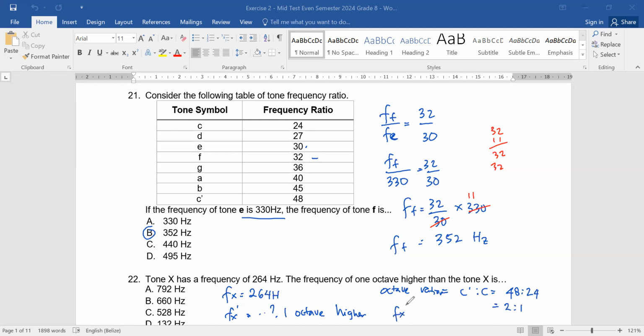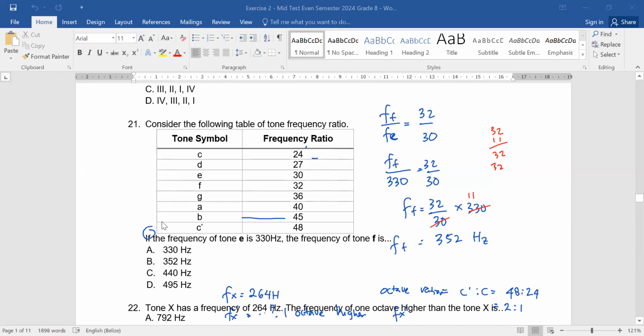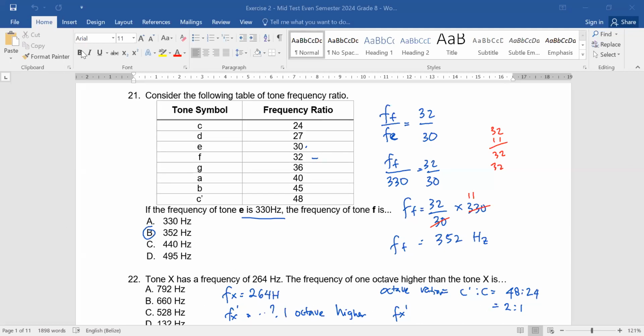So F prime X to F X is supposed to be 2 to 1. I need a space here, so I'll continue here. F prime X over F X equals 2 to 1.